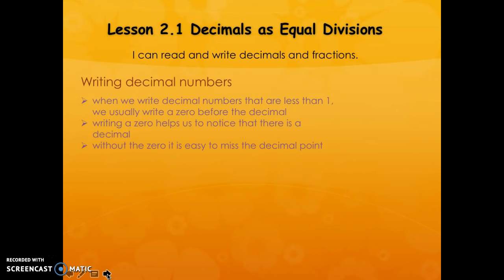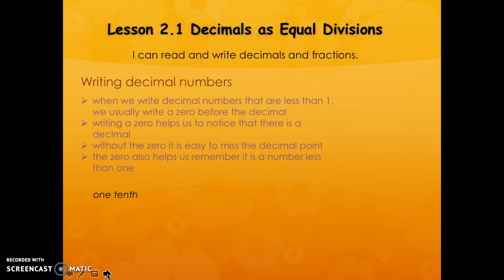Sometimes it's easy to overlook. So without the 0, we can miss the decimal point. So let's make sure we're putting a 0 in the ones place before the decimal. The 0 also helps us remember it is a number less than 1. So when you see 0 decimal point something something, you know that amount is smaller than 1 whole.